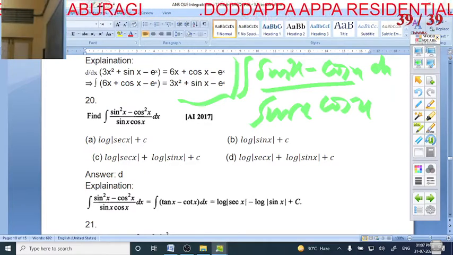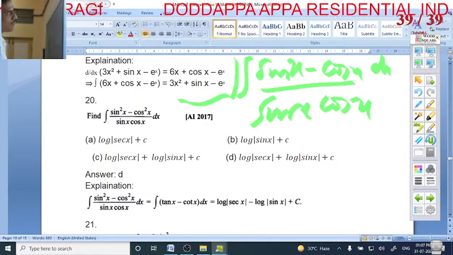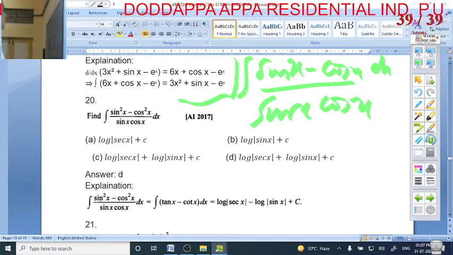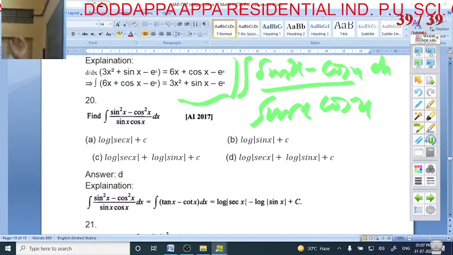One of the bracketed quantities contains sin square x.